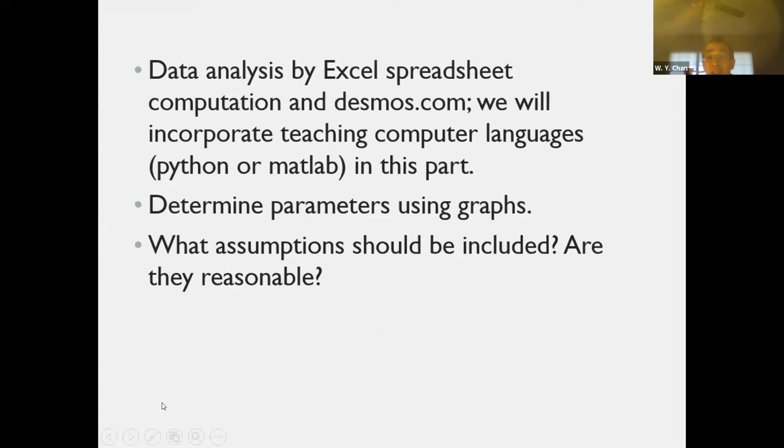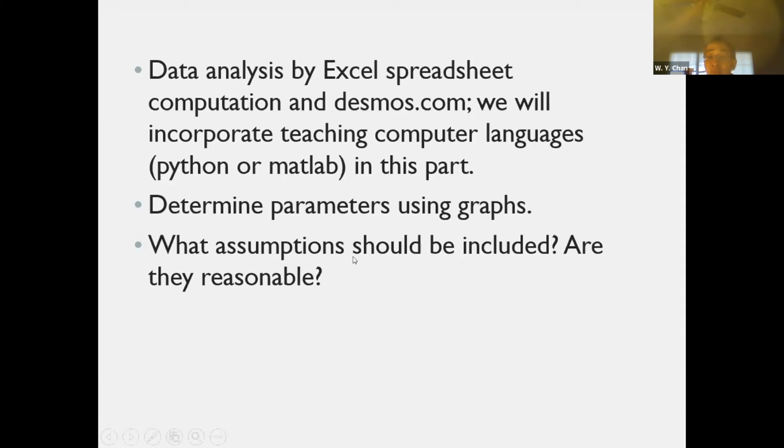And about the data analysis, we use Excel, and we're also using Desmos. And we will incorporate teaching computer languages. In fact, students from computer science and engineering know Python and MATLAB pretty well as well. How do we determine the parameters and use the graph?